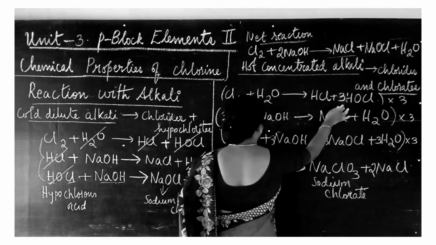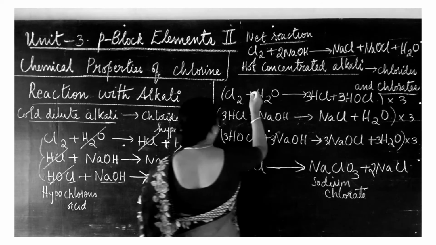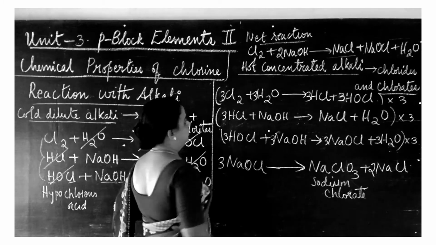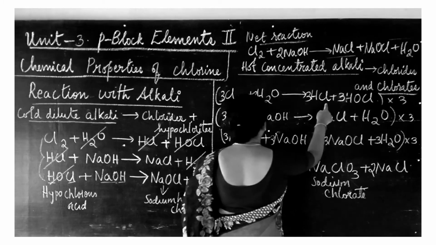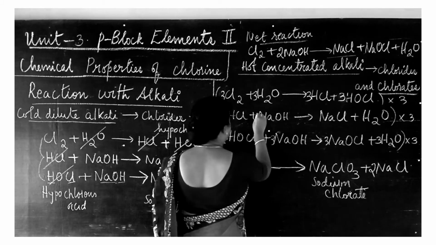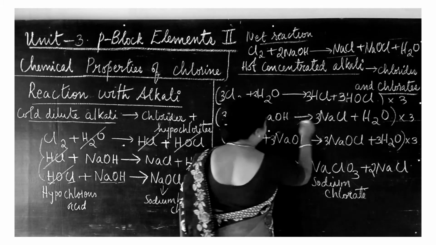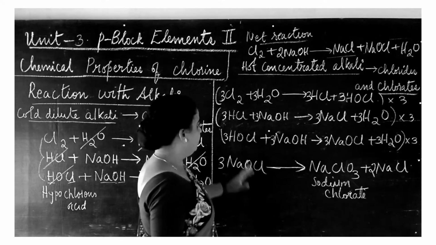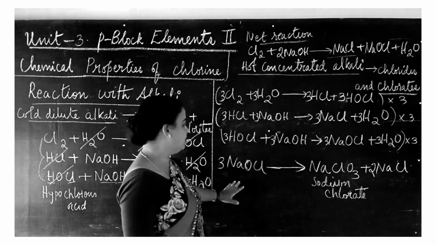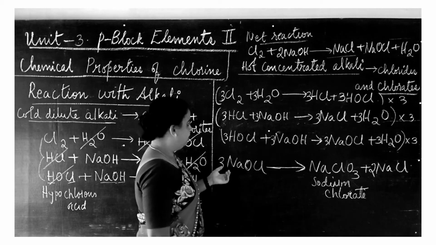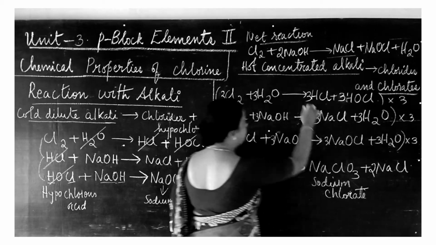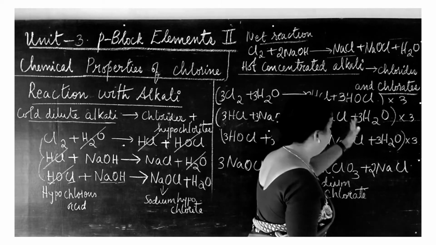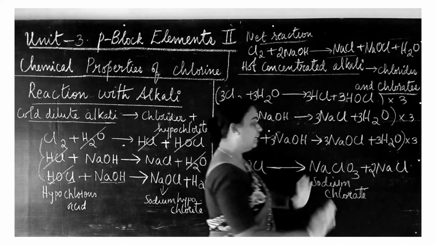Then if it is 3 HOCl, here it should be 3, here also 3, here also 3. Then if it is 3 HCl, here it will be 3 HCl. Then here it will be 3 NaOH. Then here it becomes 3 NaCl, and here also it becomes 3. Now it is completely balanced. So the easy method of balancing is just multiply all the 3 reactions with 3. Got it? First reaction with 3, second and third. All the 3 reactions multiplied with 3, so it will get balanced.